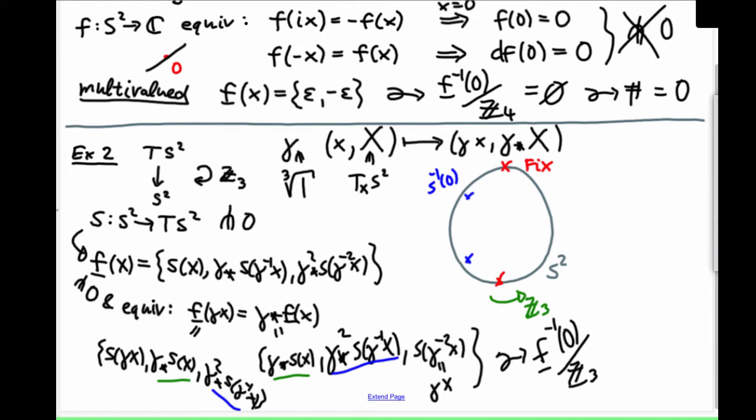I'm pushing them around, so I'm going to see, the multisection f is going to have, well, try to apply rotations. So rotation by 1/3, and then a rotation back. So 3 points for each one of these. But I ought to really look at the zero set mod Z3.